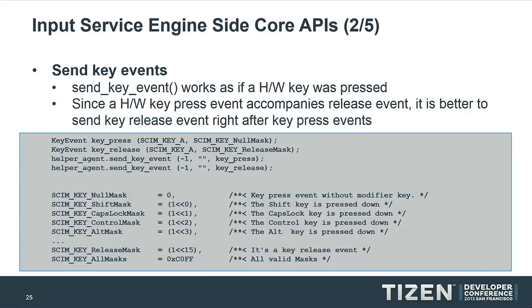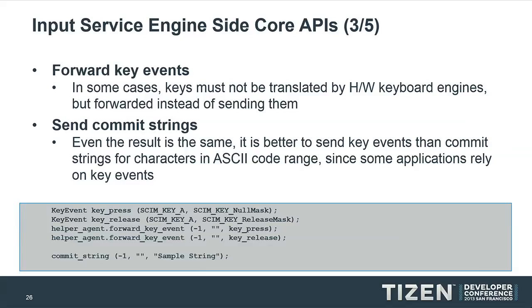So whenever you send a key event, you'd better send the same key with the release mask. There are some masks you can send together with your key event. You can mark that the control key was pressed together, or the alt key was pressed together, or that the key was released, or something like that. There are some masks you can give.